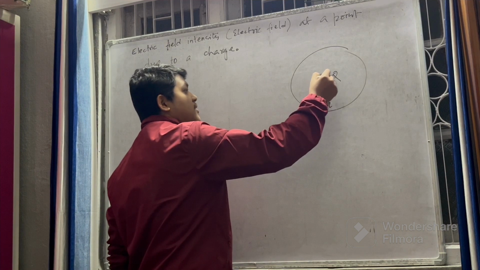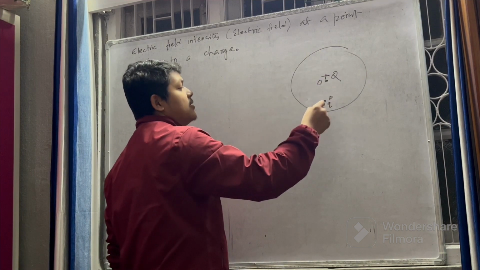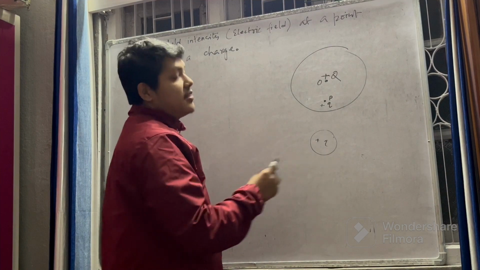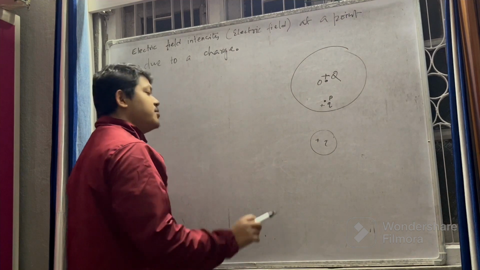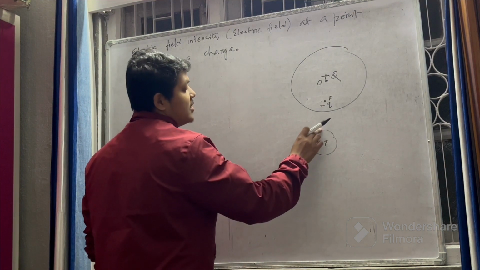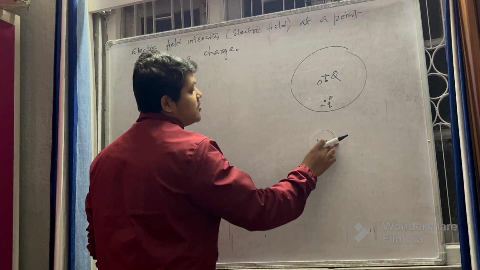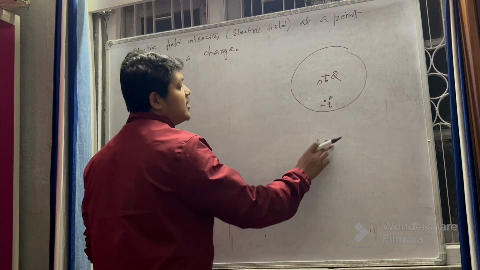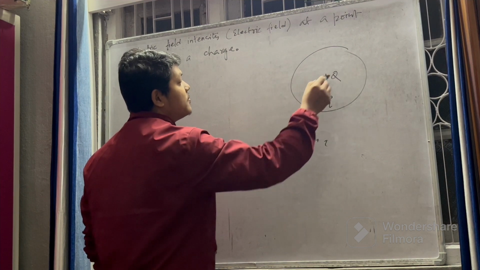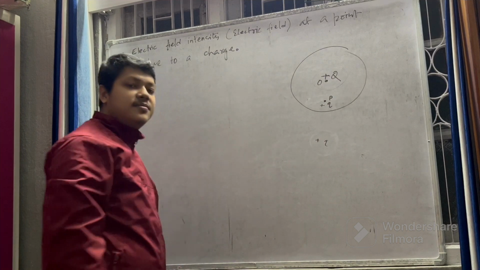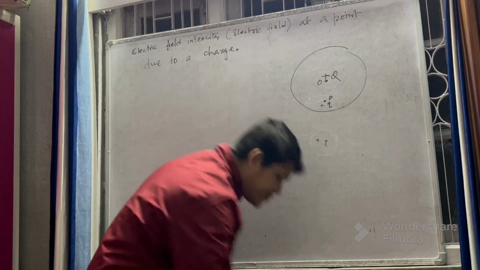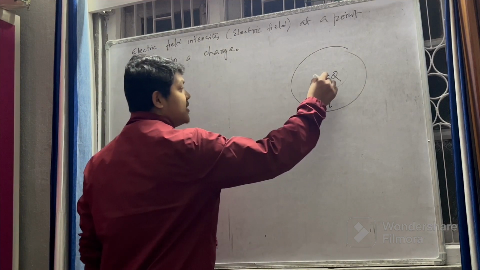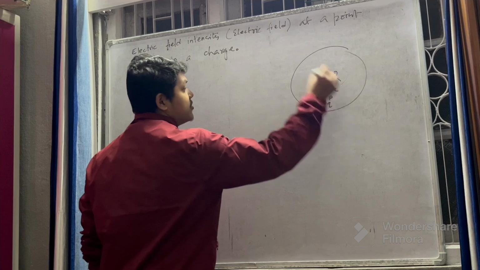If this charge can have an electric field, then this small q charge also can have an electric field. It actually must have an electric field, right? But we have assumed that its electric field is very weak. It's too weak, so that it doesn't disturb the electric field of this charge. Okay, let us assume that way. Now, this is the distance between them, that is r, suppose, right?